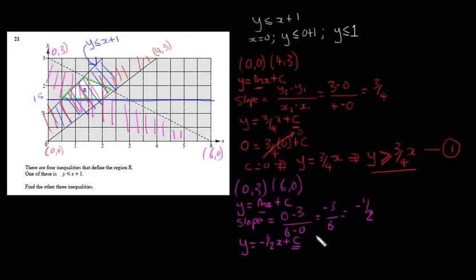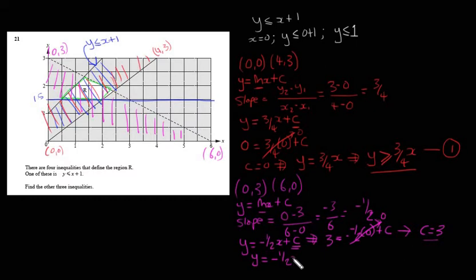Let us find c. To find c, we substitute any of these given points into this equation. So let's substitute 0, 3. So y is equal to 3 is equal to minus half into 0, x is 0, plus c. This will cancel out to 0, and we'll get c is equal to 3. Hence our equation for the time being becomes minus half x plus 3.